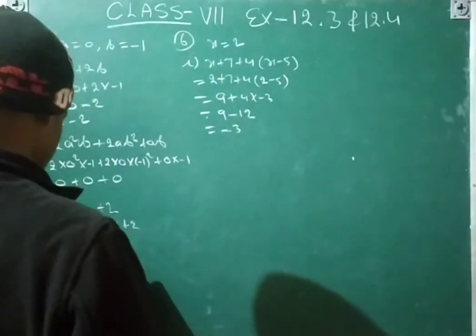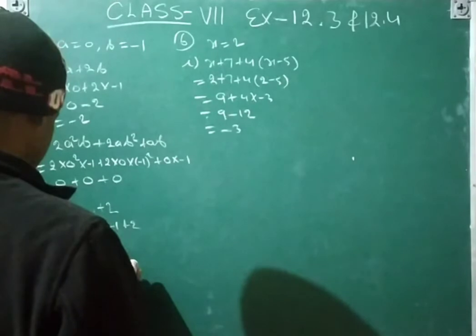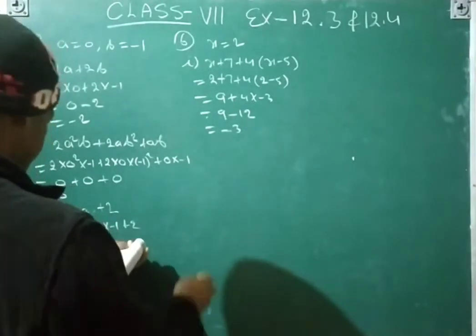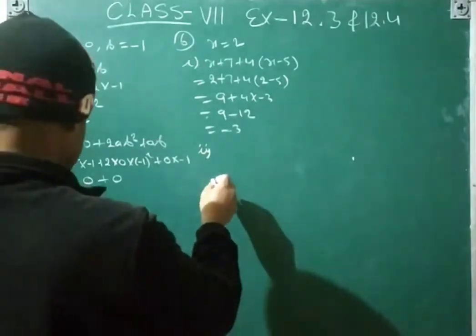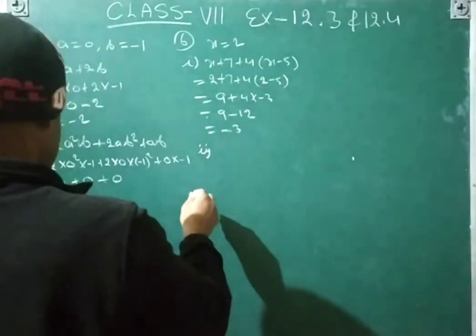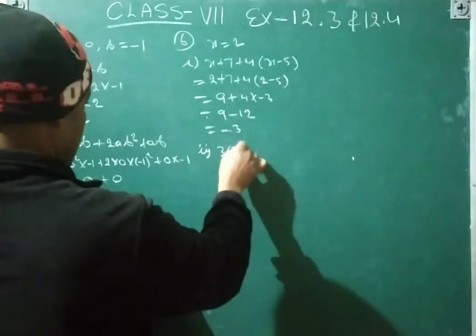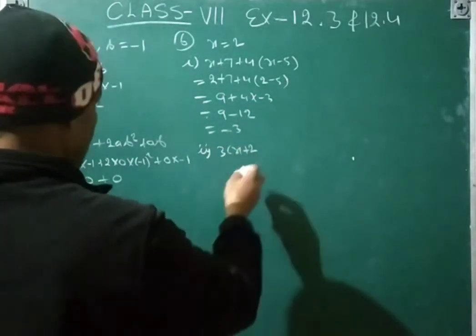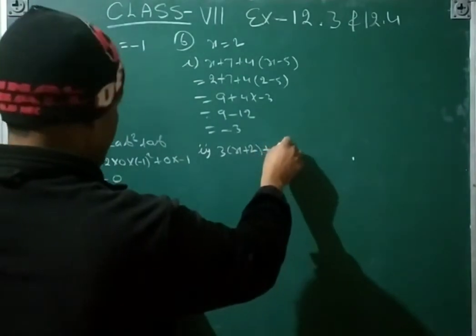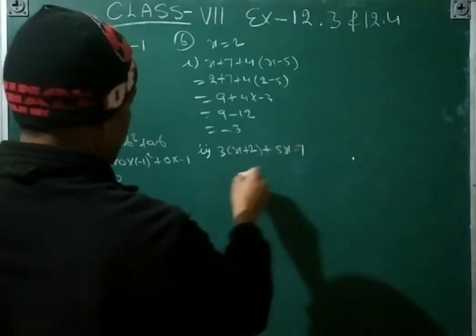And then the second part: 3x plus 2 plus 5x minus 7.